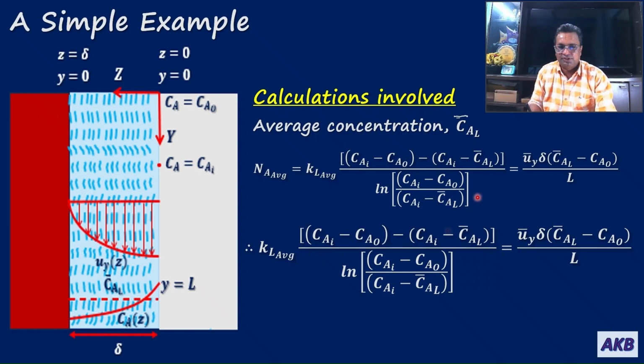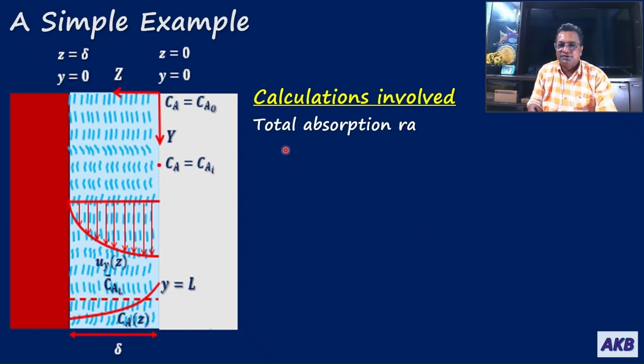Let us continue with this. After getting CAL bar, you can find the total absorption rate. If you want it in moles per unit time, you can use RA average is equal to Uy bar into delta into (CAL bar minus CA naught).